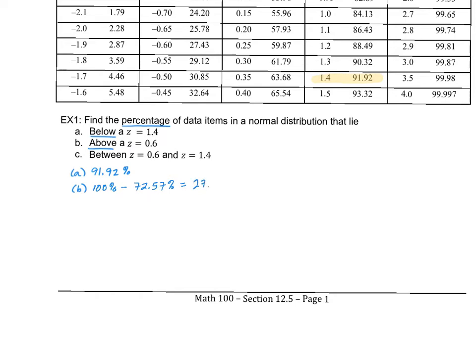So when you're asked to find a percentage above, and you're using this z-score percentile table, you need to subtract that percentile from the total of 100%.